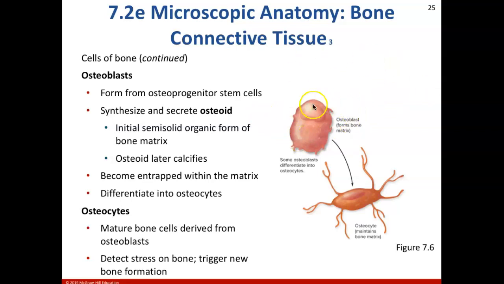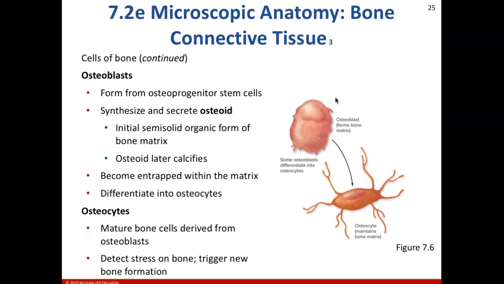These osteoblasts, as they're building their matrix, become entrapped within the matrix, and then they differentiate into osteocytes. The way I like to visualize this is if you had a brick layer, but that brick layer starts to build the bricks around them. So it's almost like they're creating a little cylinder that they're going to live within.